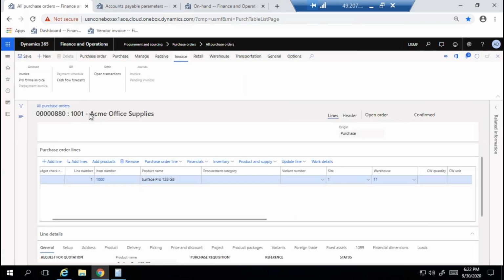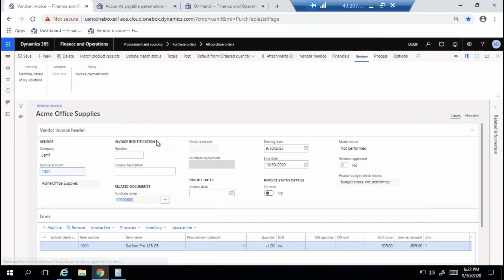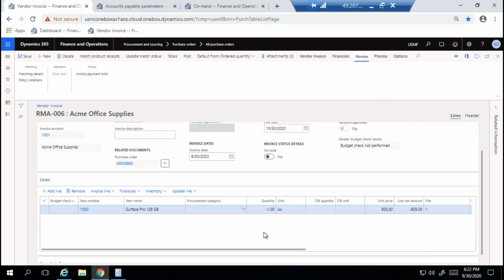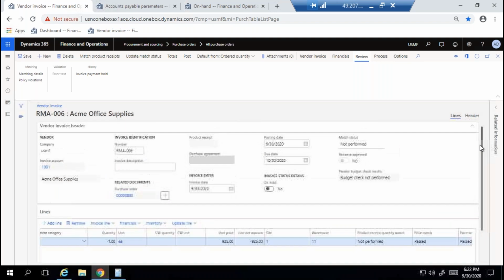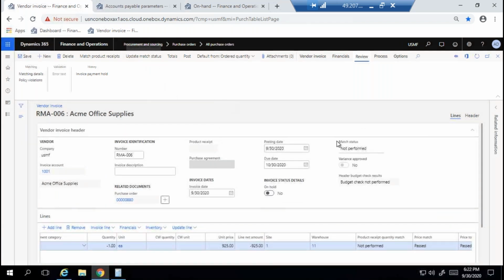Now I'm doing the invoice freshly. Okay, here it is passed. Prices are not an issue. Update match status is passed. Now I'm posting.